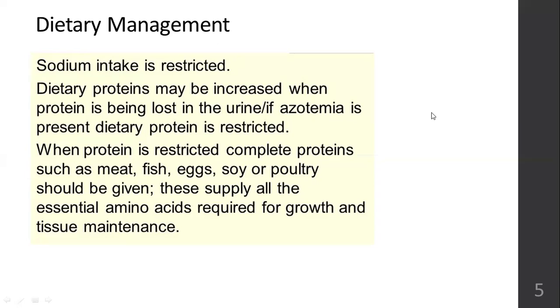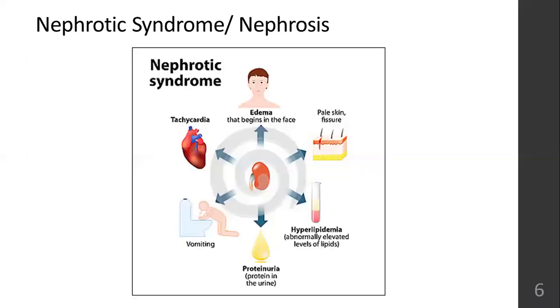When you focus on eggs, soy, poultry, meat, fish, all the essential amino acids are what the patient will get, without increasing the protein intake. So the management, is it clear to all? And you will see the same theme of management repeated in many of the disease conditions of the kidneys as well.